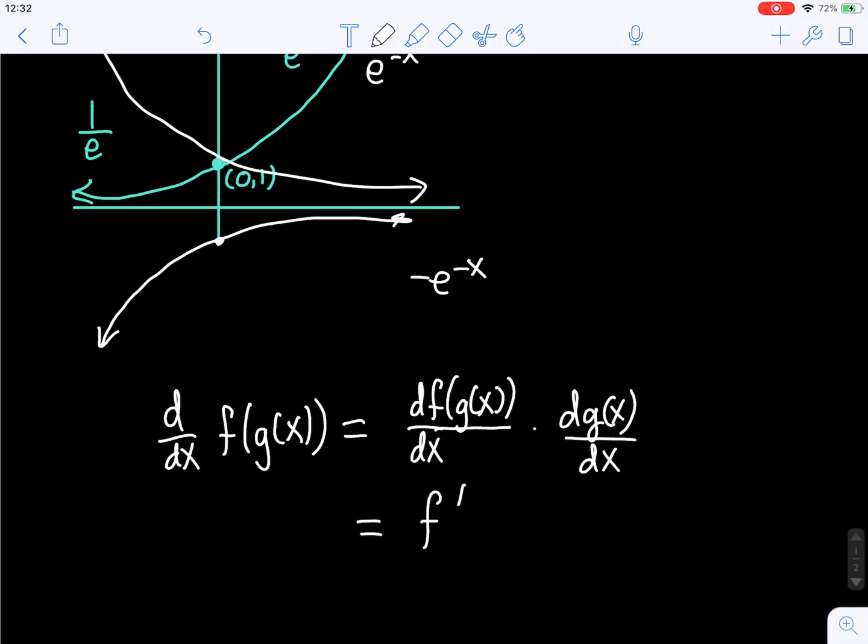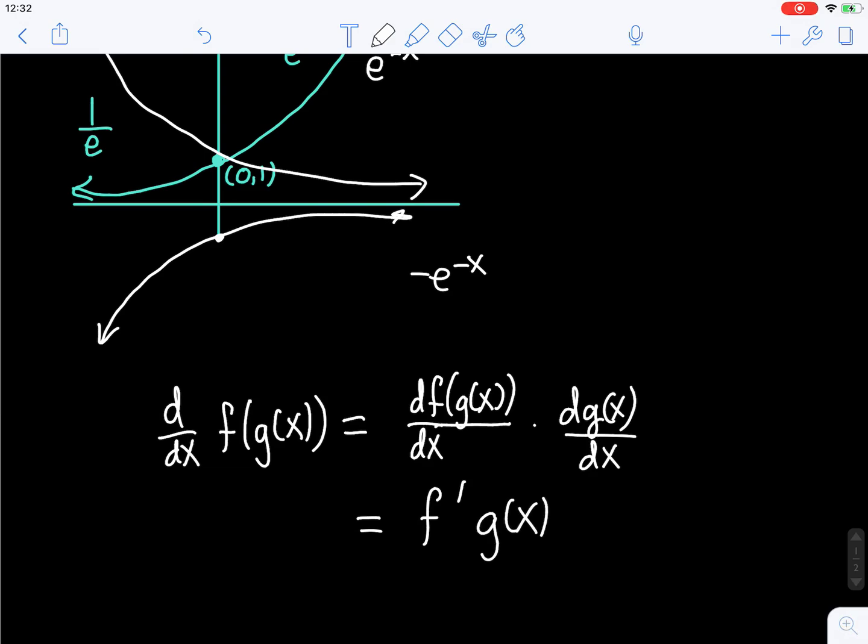In another notation, we can write f prime of g of x multiplied by g prime of x.